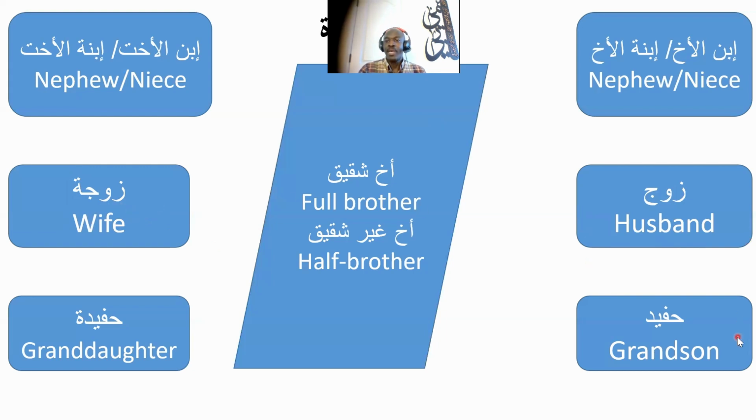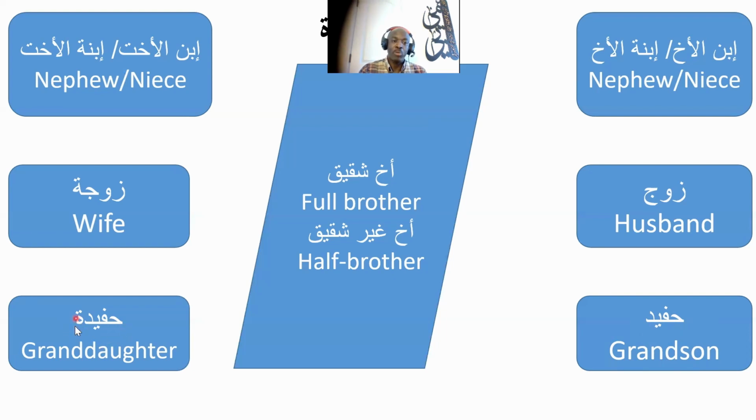All right, and here on the right column we have hafid. So ha, fa, ya, dal, and the ya here is a long vowel. Hafid is grandson. And on this side we have hafida.